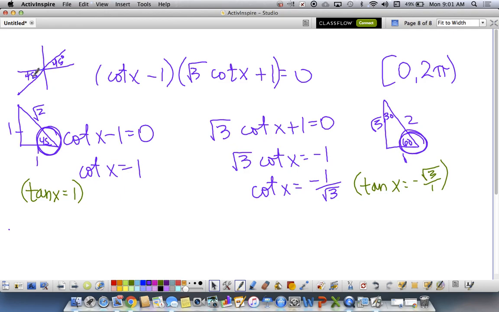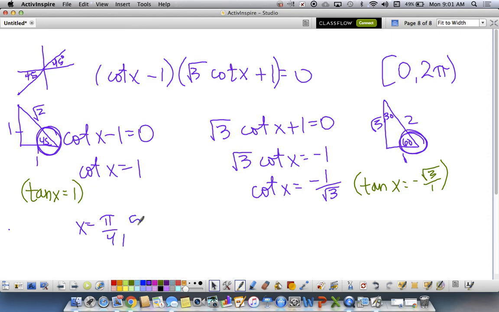So what is my reference angle? You've got a plate. So x equals, when you're looking at quadrant 1 and quadrant 3 for 45 degrees, what is x? Looking at your plate, quadrant 1, quadrant 3: pi over 4 and 5 pi over 4.